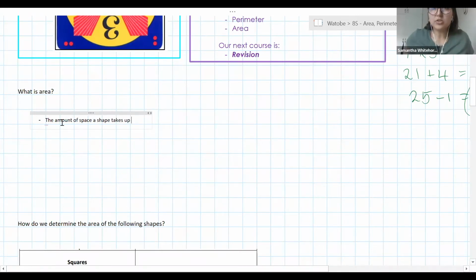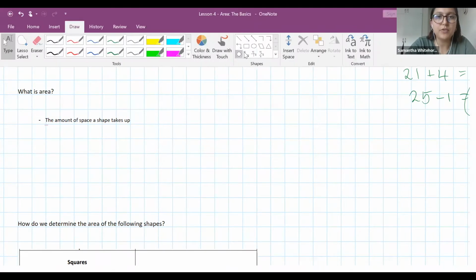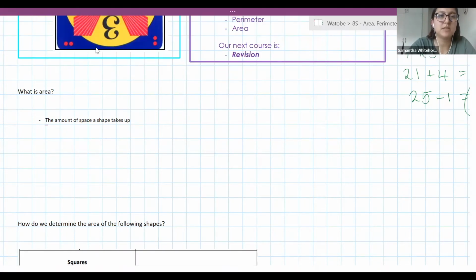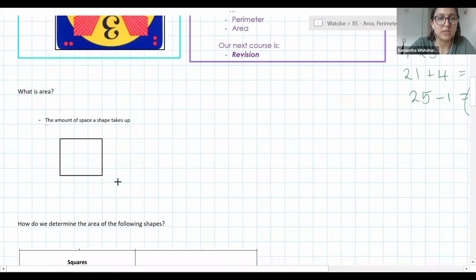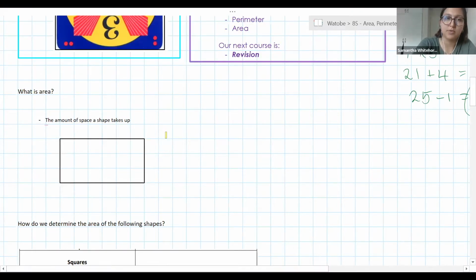And so to illustrate this for us, it's quite nice to visualize this. If we just take a basic shape, such as a rectangle, for example, and we consider the two definitions that we know thus far. So we know perimeter and we know area, or we're going to know area in a second. So perimeter is the outside length of your shape.